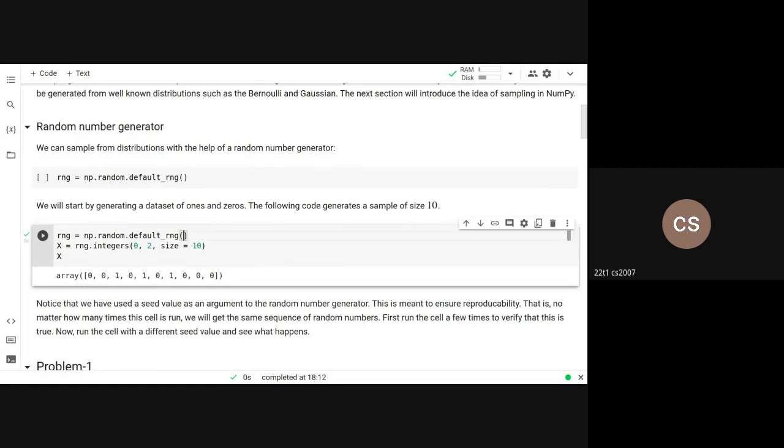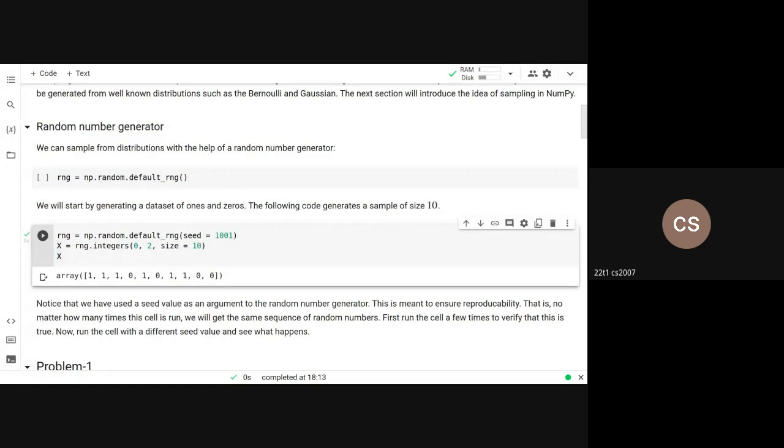So in general, what we try to do in machine learning, and especially if you are writing papers or even otherwise, it's important to fix a seed value. It could be anything, 1001 or whatever, any number of your choice. But the nice thing in fixing a seed value is that all the numbers that you generate can be reproduced, right?